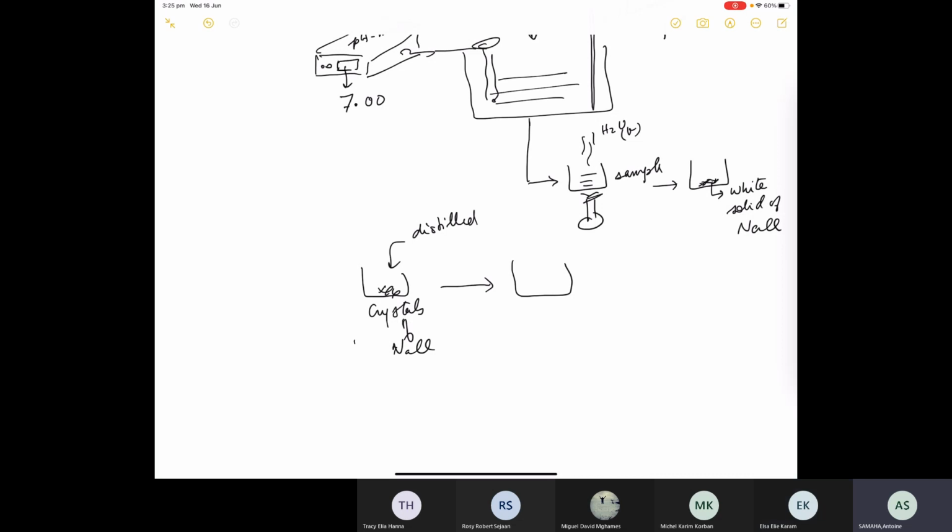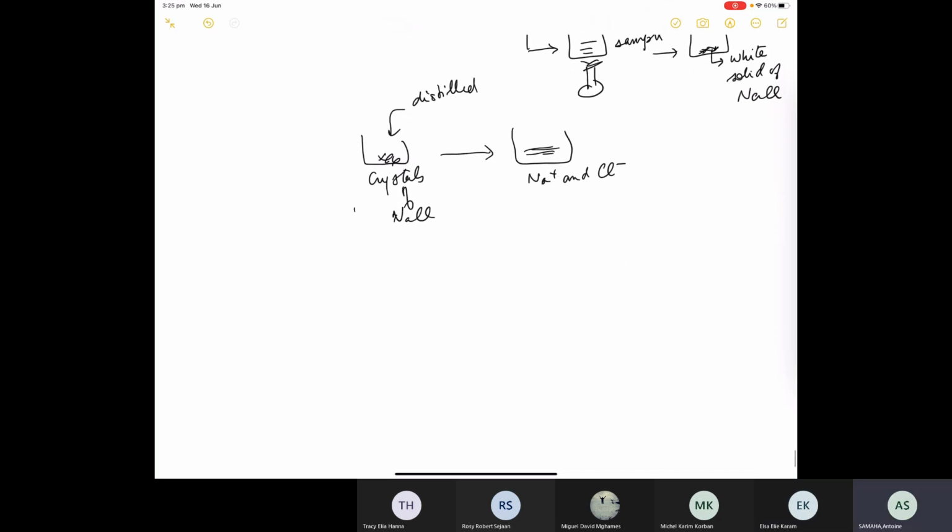If not, Na plus and Cl minus do not react. If I add water over NaCl, does the salt dissolve? Yes, it gets dissolved. Doesn't Na plus and Cl minus appear? The crystals disappeared. So let's write the equation.